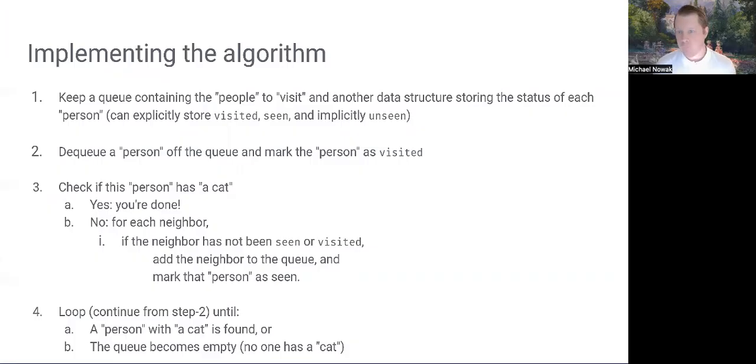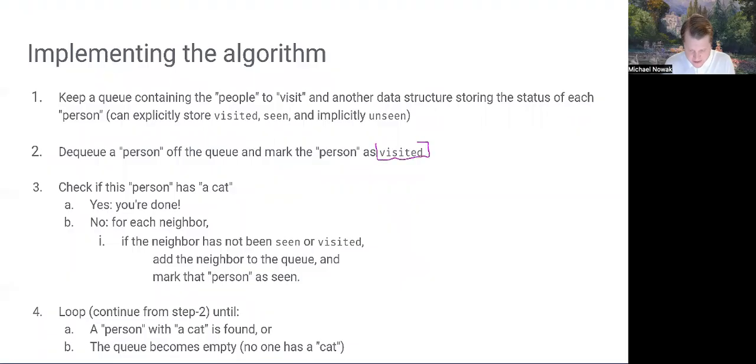Otherwise, for each neighbor, if the neighbor has not been seen or visited, so this will require a lookup in that data structure storing the status, we're going to add the neighbor to the queue, and then we're going to mark that person as seen. And why we're using seen here, not visited, is to denote whether or not we've seen them in another vertex's adjacency list, or if we've actually processed them.